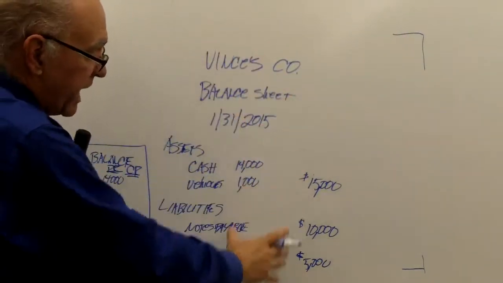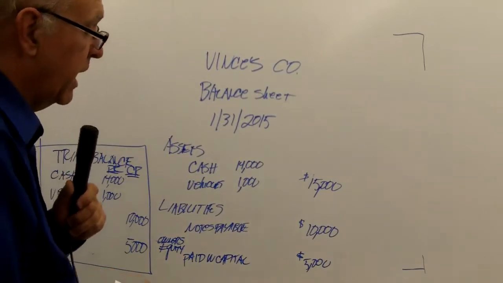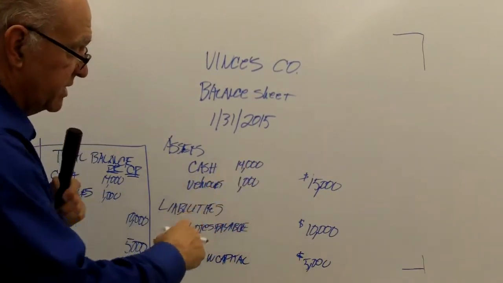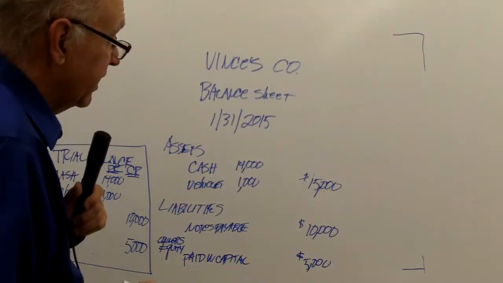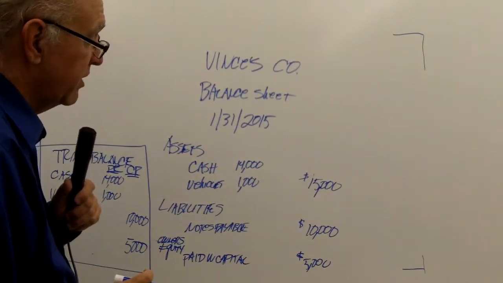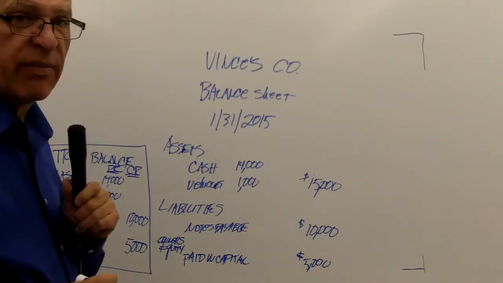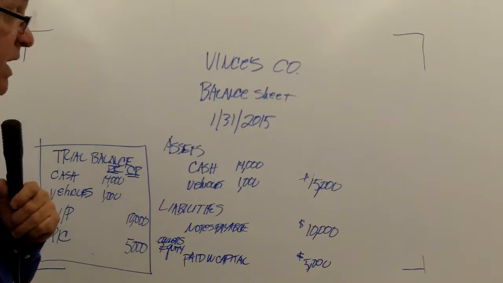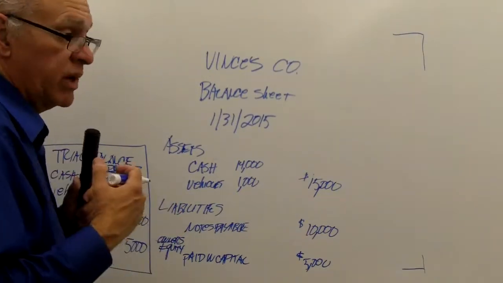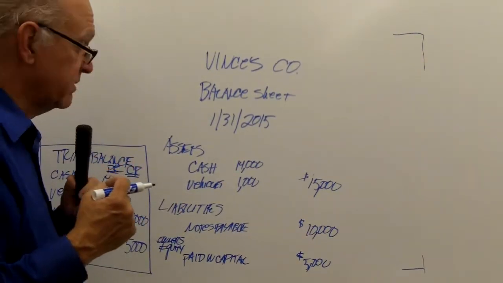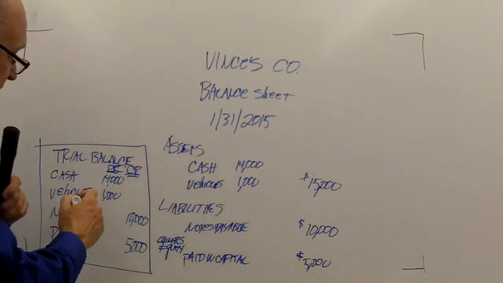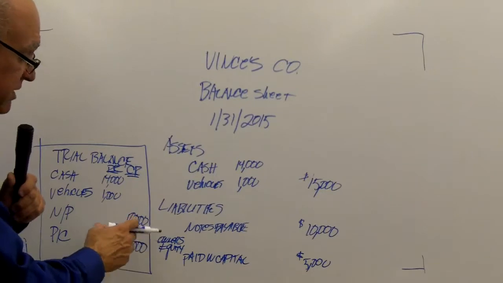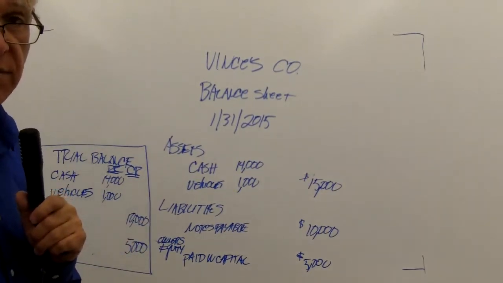So this is our balance sheet. And you see that I list the balances. And on this statement, you don't see if they are debits or credits. You simply see the totals. Because I know that when I prepare financial statements, my assets are debit balances, my liabilities are credit balances, and my owner's equity is a credit balance.